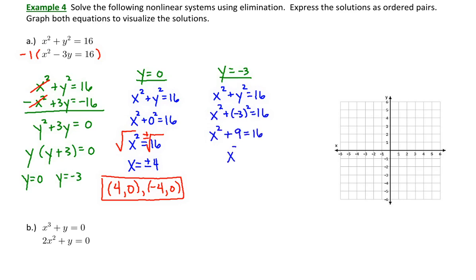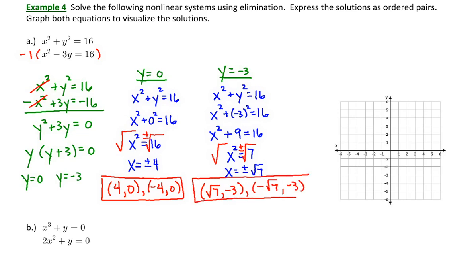If we subtract 9 from both sides, that's going to give us x squared equals 7. Taking the square root of both sides, recognizing both the positive and the negative root, we have plus or minus square root of 7. So our ordered pair solutions would be positive square root of 7 corresponding to y equals negative 3, and negative square root of 7 corresponding to y equals negative 3.